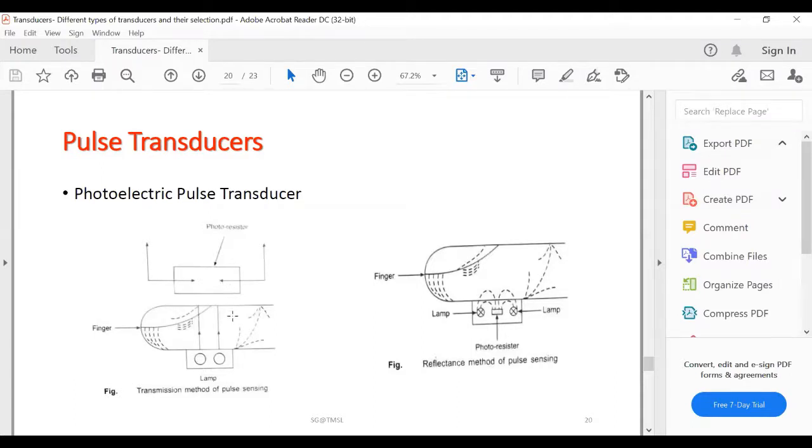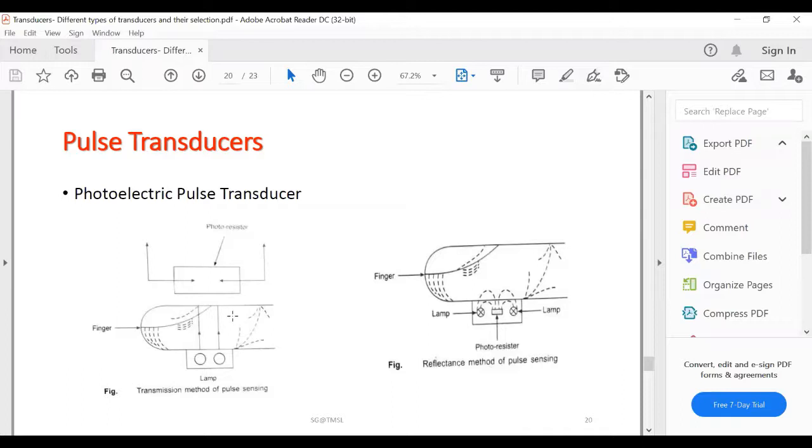Basically the blood is forced to the extremities, and the amount of blood in the finger increases with each contraction of the heart. This alters the optical density and consequently the light transmission through the finger, which reduces, and accordingly the resistance of the photoresistor increases.